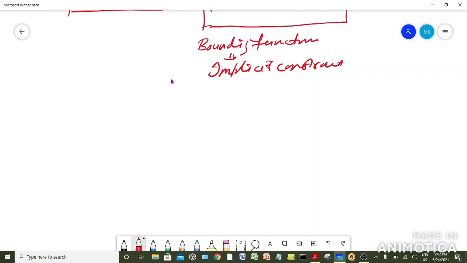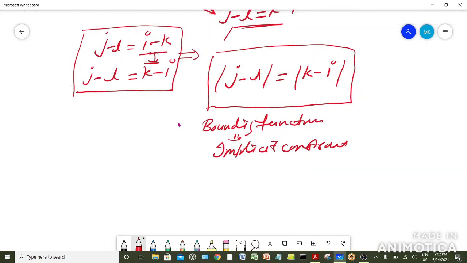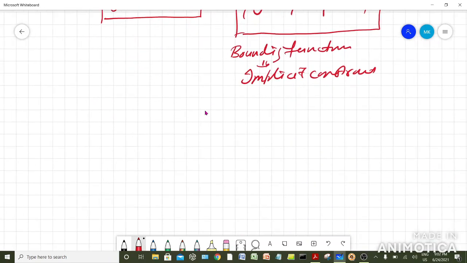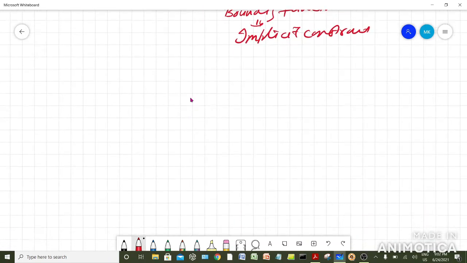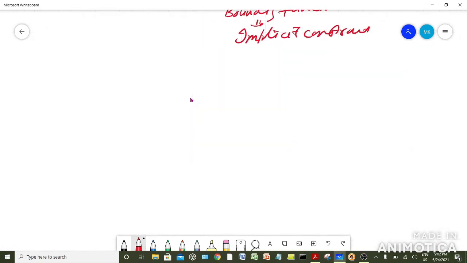Fine. So we are going to make use of this function. Now let us try to write the bounding function in the form of a place function, which has two arguments, k and i.